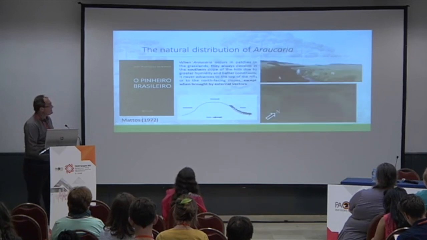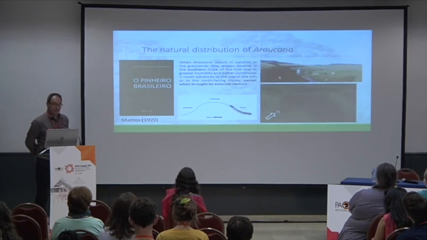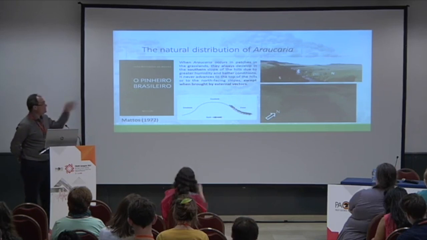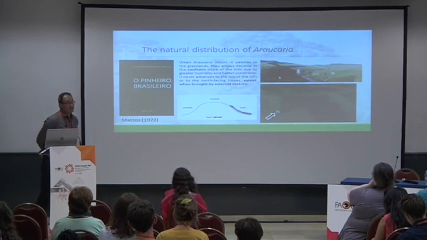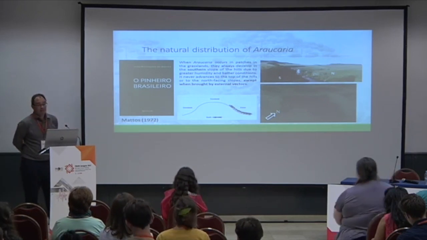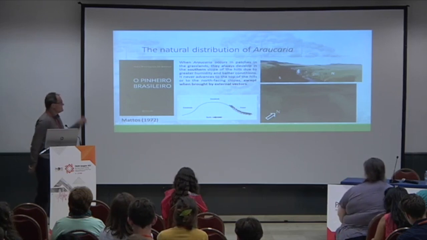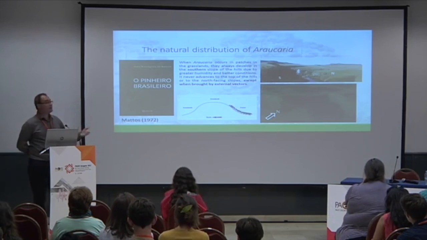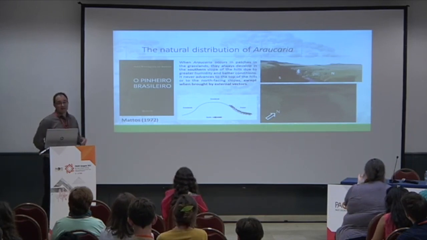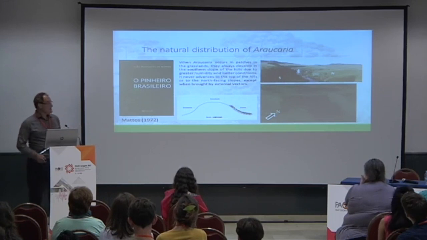The more important thing that we saw from this work is what he says, that when Araucaria occurs in patches in the grasslands, they always develop in the southern slope of the hills due to greater humidity and better conditions. It never advances to the top of the hills or to the north-facing slopes, except when brought by external vectors, mainly humans.